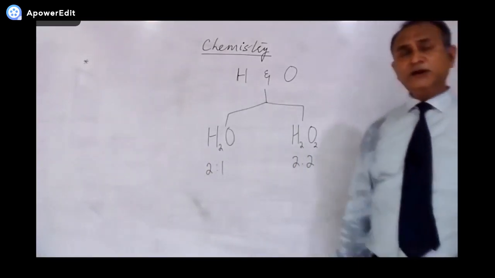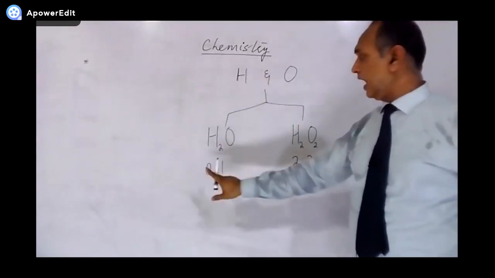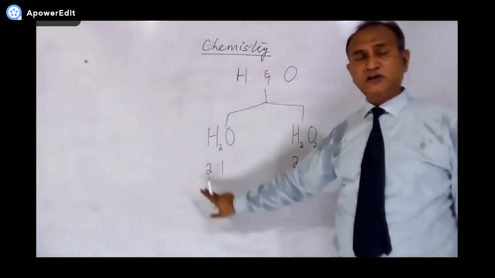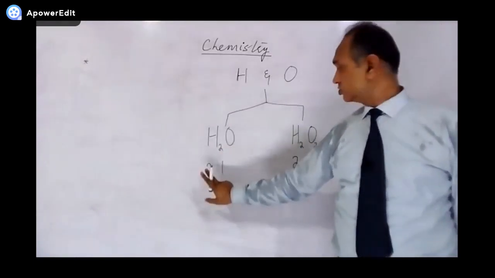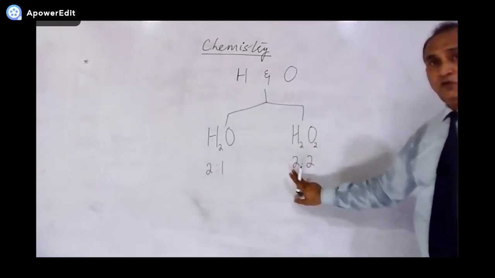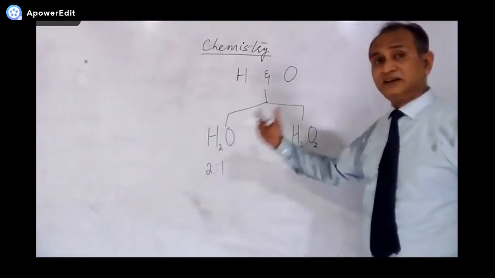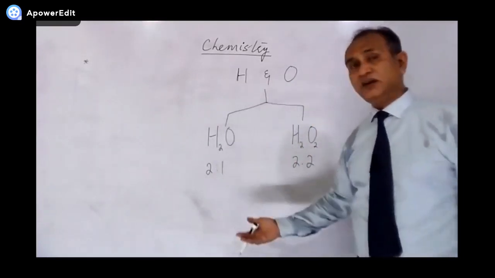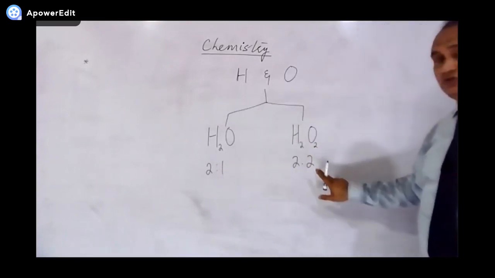So what have you observed here? Out of these two, the number of hydrogen, the mass of hydrogen, is fixed: 2. Whereas if the first one is fixed, then there's a change in the second one: 1, 2.